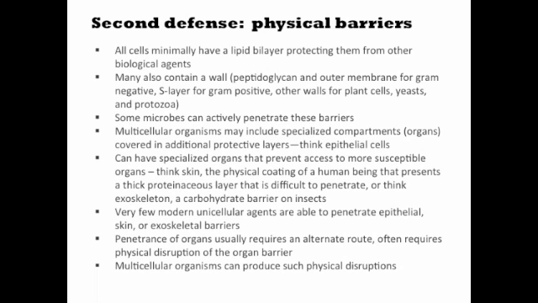If you're talking about a gram-positive bacterium, you have this S layer of carbohydrates all over the surface. If you're talking about plant cells, you have a bona fide wall made of cellulose that's very hard to get through. And then, of course, some microbes have means of getting past these barriers.